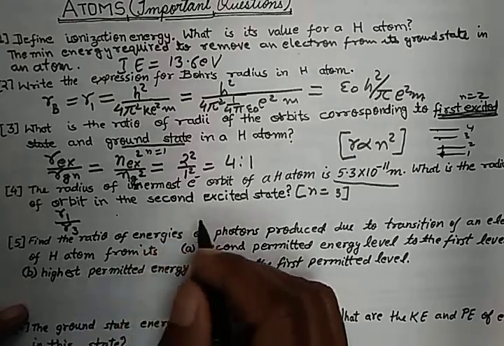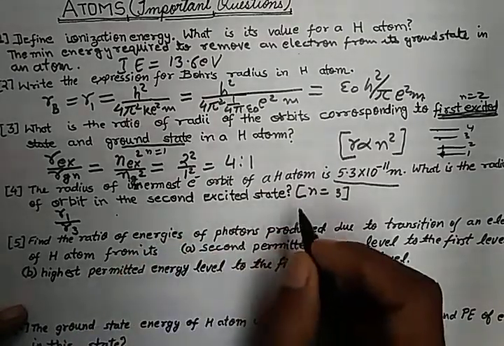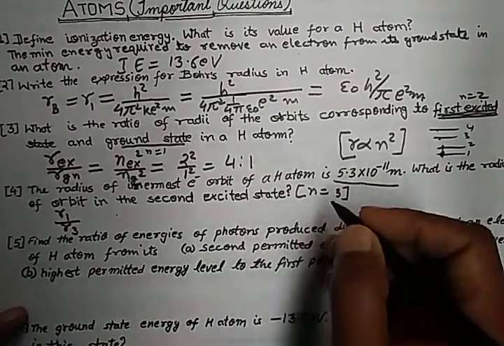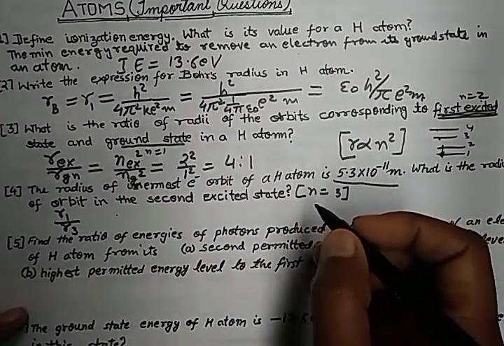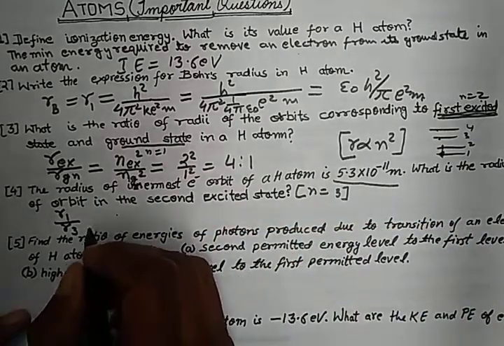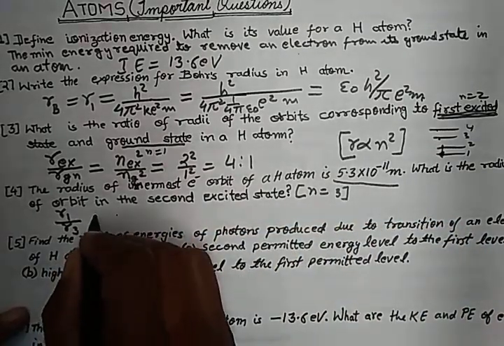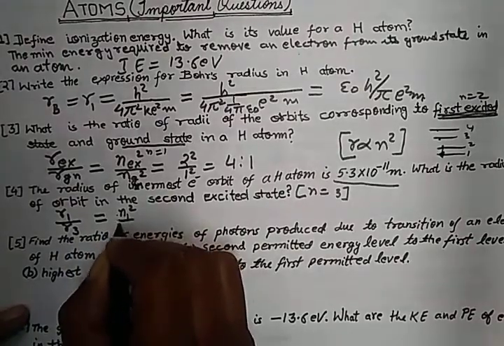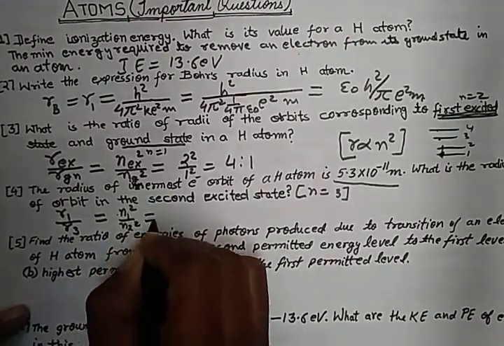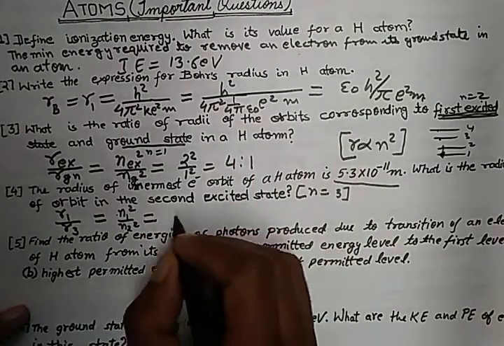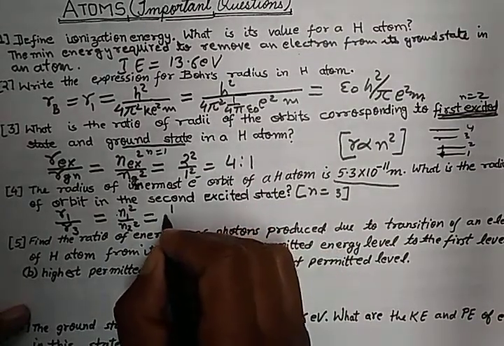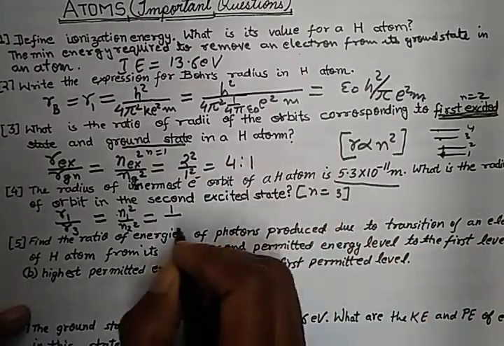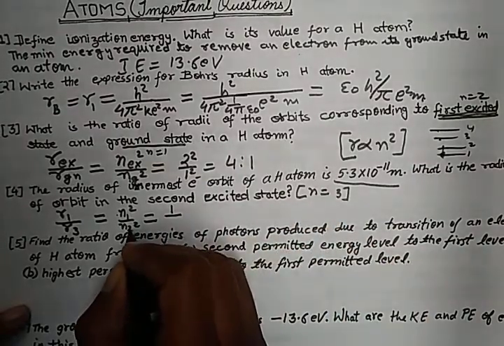I hope you will understand that. Otherwise you can write second excited, for second excited state n equal to 3, you can mark that first. Okay, so r1 upon r3 is equal to n1 square upon n3 square. n1 is 1, and instead of n2 I am writing n3.